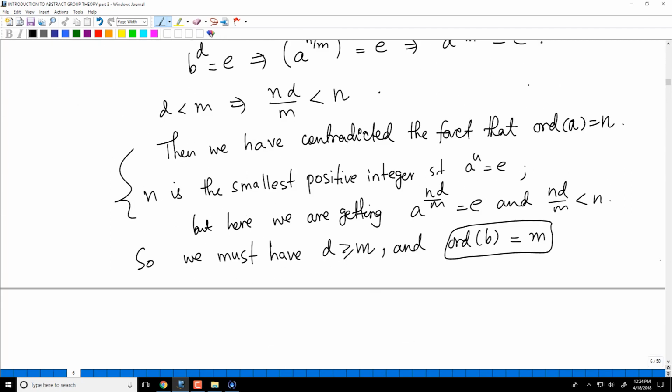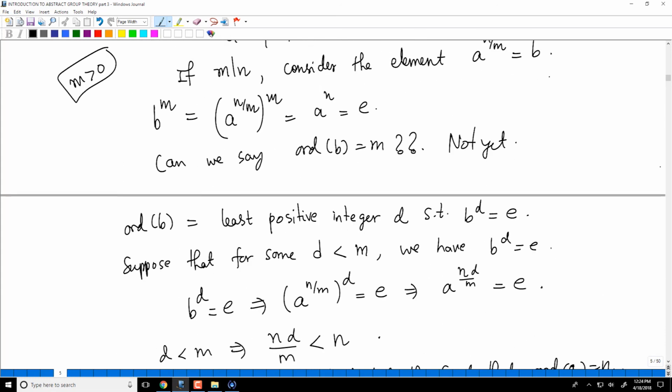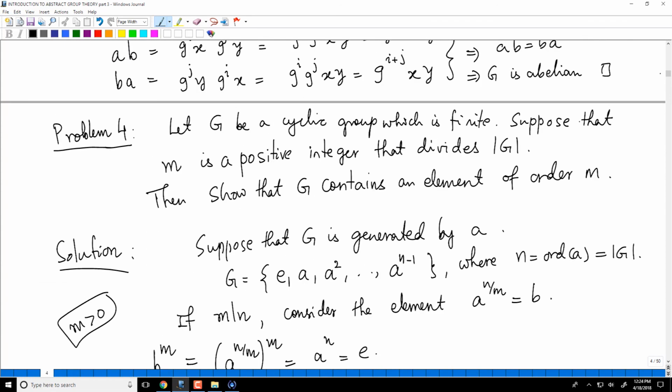I'll only remark one more time that we have seen the example of the Klein 4 group, where you have a group of order 4, yet the group does not contain an element of order 4. Of course, this is also illustrated by the symmetric group on 3 letters, S3. S3 has 6 elements, but it is not cyclic, so it has no element of order 6.